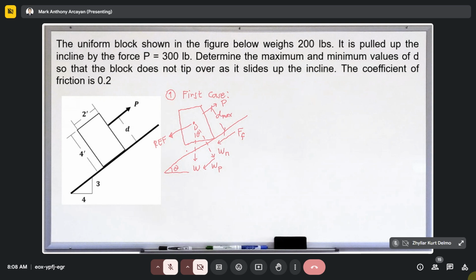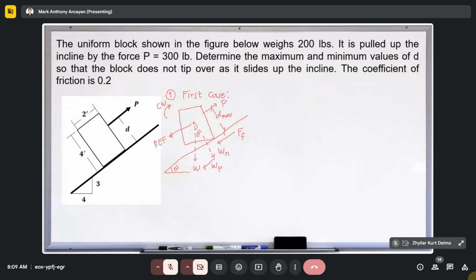Now for the first case, we will specify that at this moment, our block has the tendency to overturn in a clockwise direction. Clockwise direction.